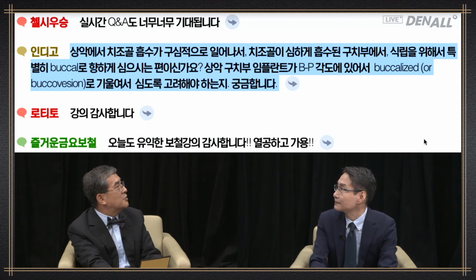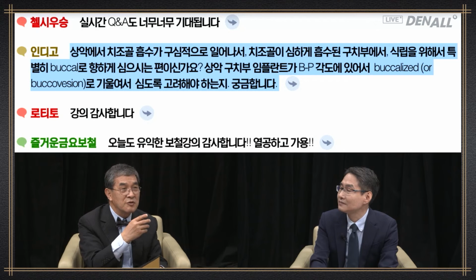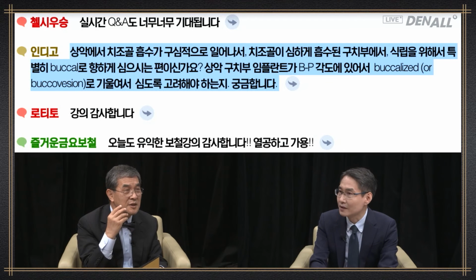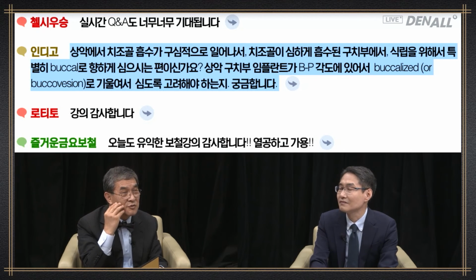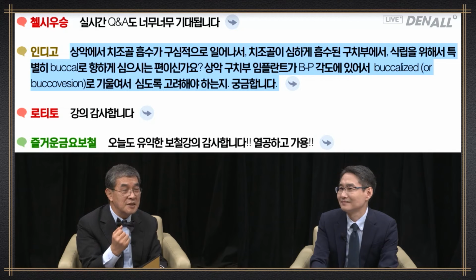However, we need to explain the possible side effects of placing implants like this. For example, there can be a lot of food impaction because the tooth comes out like this, and we need to explain that it may be tough in terms of food impaction. When we make the prosthesis, we need to factor this in.